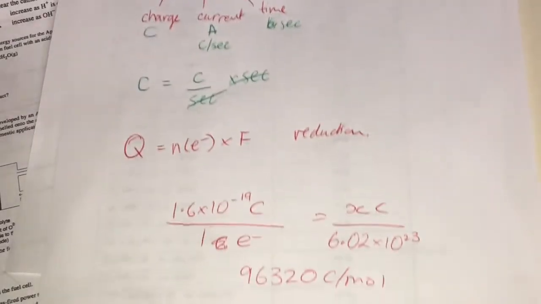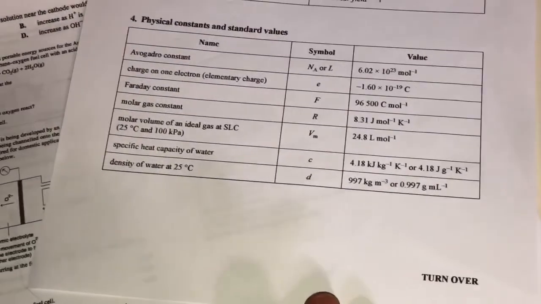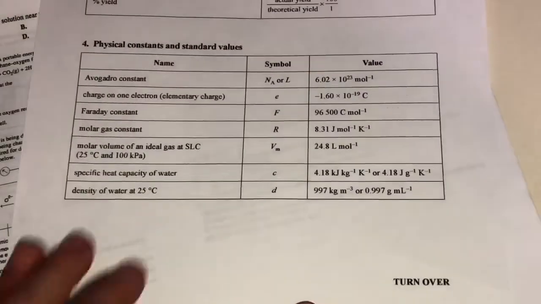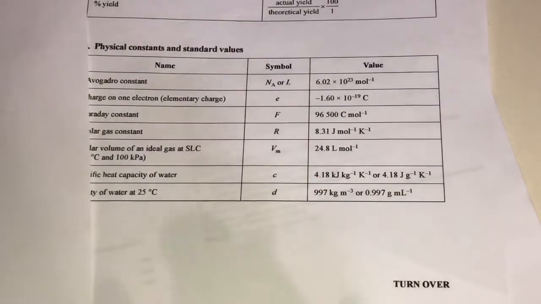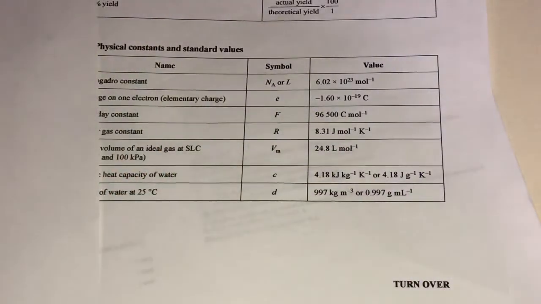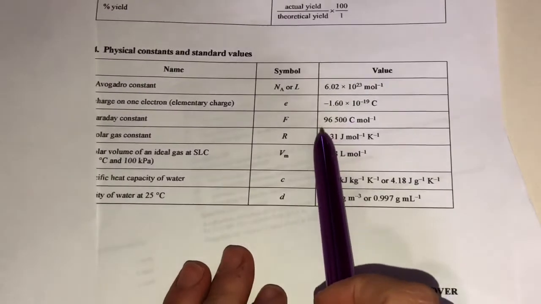Well, that's also already been calculated for you in your data book: 96500 coulombs per mole. The reason it's slightly different is that it's been rounded.